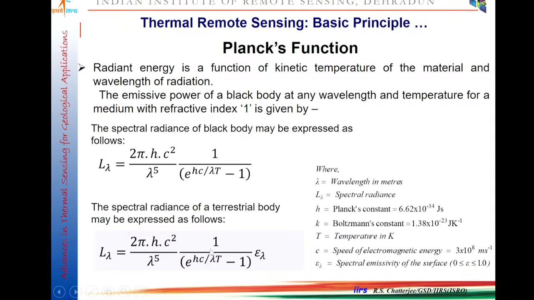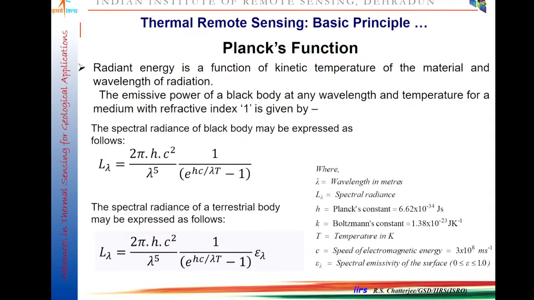But in case of a terrestrial body, where the spectral emissivity is not 1, then you have to put this value, epsilon lambda, that is the emissivity at a wavelength lambda. Other than this, all the expression is the same.